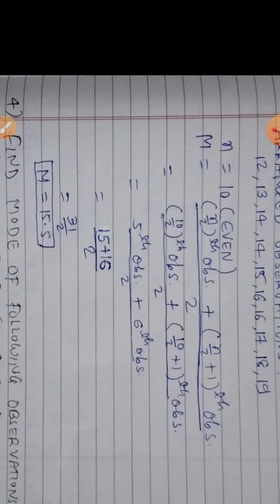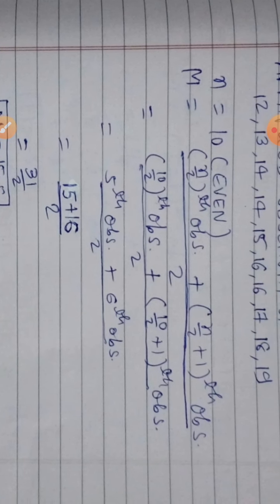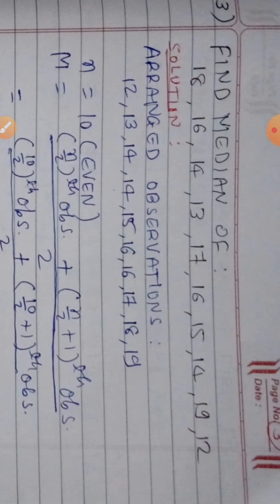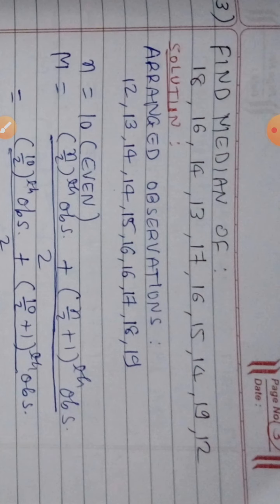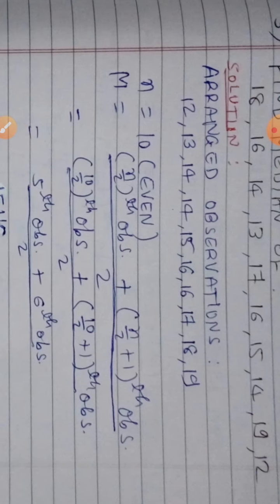Now the second sum for median. Again many observations are taken. Total 10 observations are there. First of all they are arranged, so it becomes 12, 13, 14, 14, 15, 16, 16, 17, 18, 19. Now n equal to 10 means even.